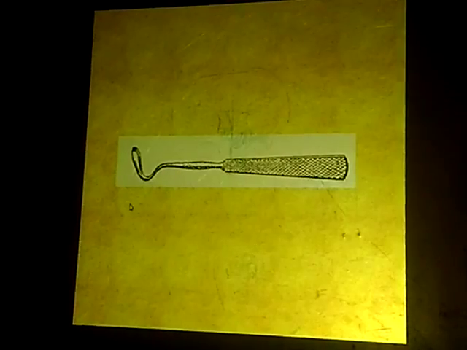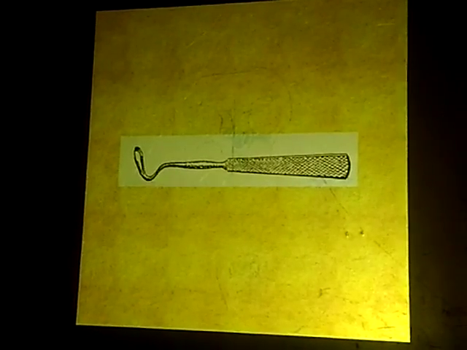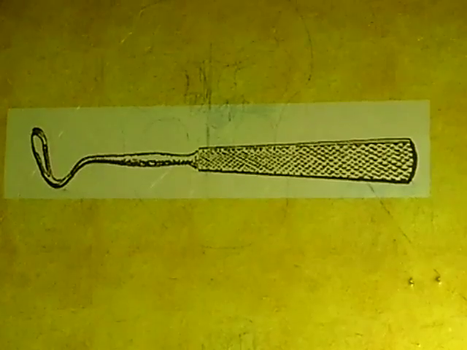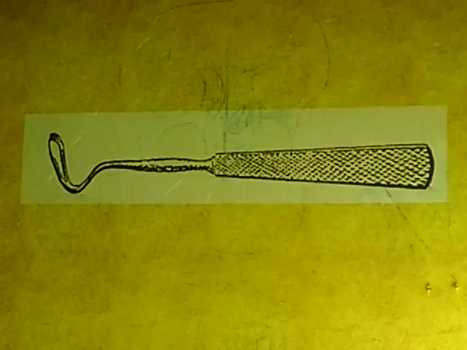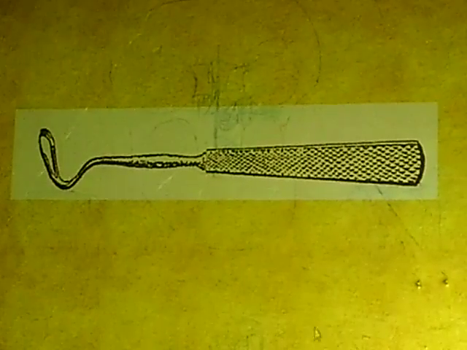This is the oldest type of adenoid curette. It was invented by Dr. Gottenstein in 1886. This is the precursor of all types of adenoid curettes. And later on, other types of adenoid curettes have been formed.